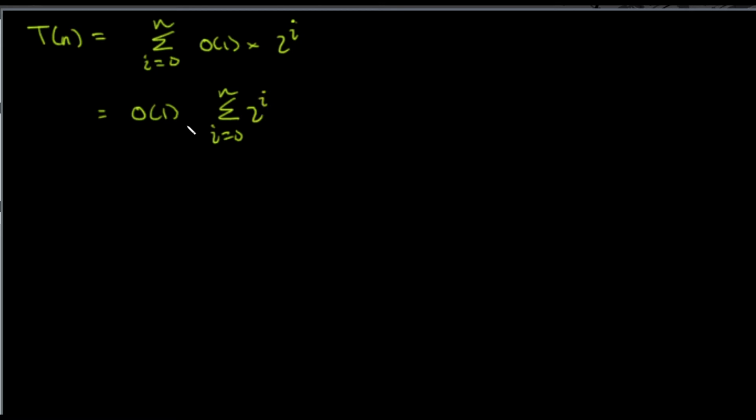To figure this out, we just recognize that this is a geometric series which has a well-defined sum, which I guess you can look up, but it might be useful to see the derivation here. We're going to let S, the sum, be equal to this summation right here: the sum from i equals 0 to n of 2 to the i.